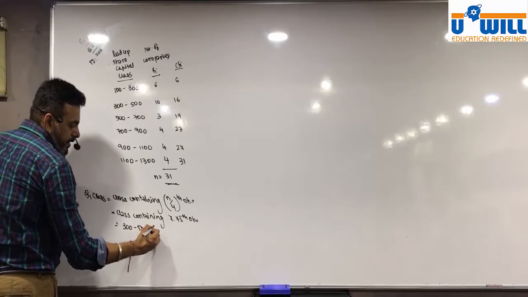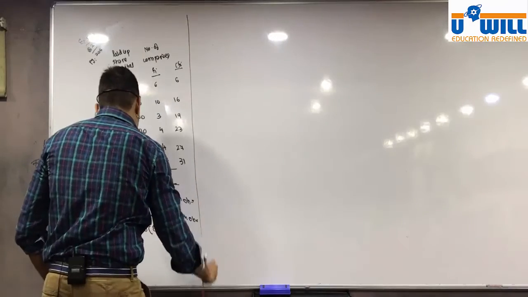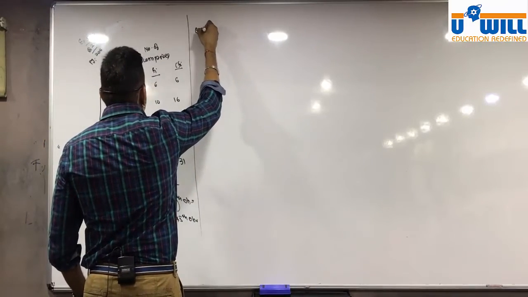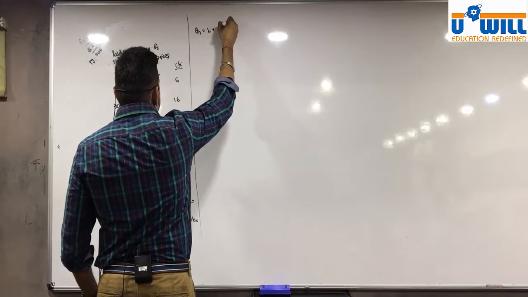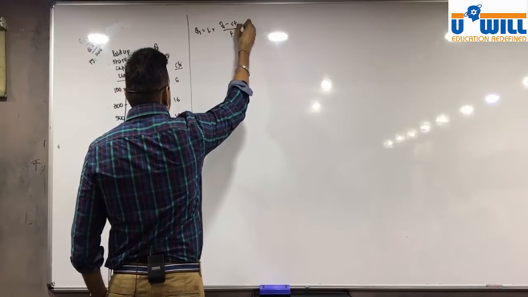What type? Exclusive. So Q1 is equal to L plus n by 4 minus CF upon f into c.